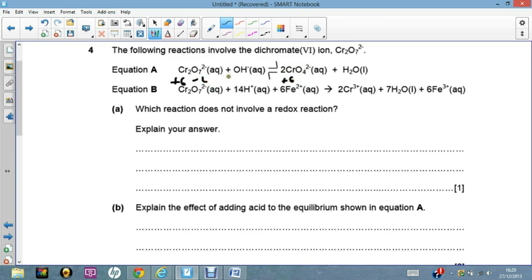Oxygen there is -2. That's -2 +1, -2 +1 -2. And this one we've got +6 and +3. So we've got a change. We know it's not equation B. So it's equation A. No change in oxidation states.